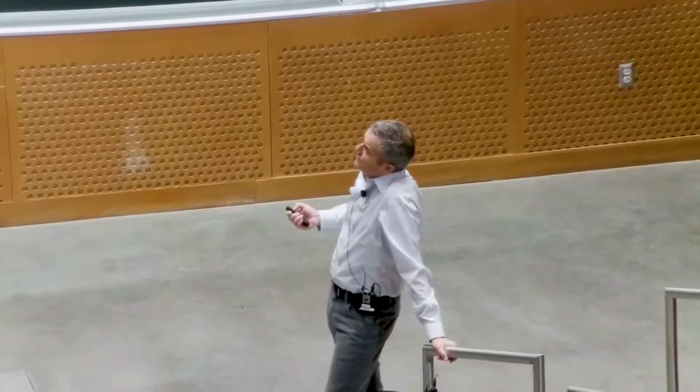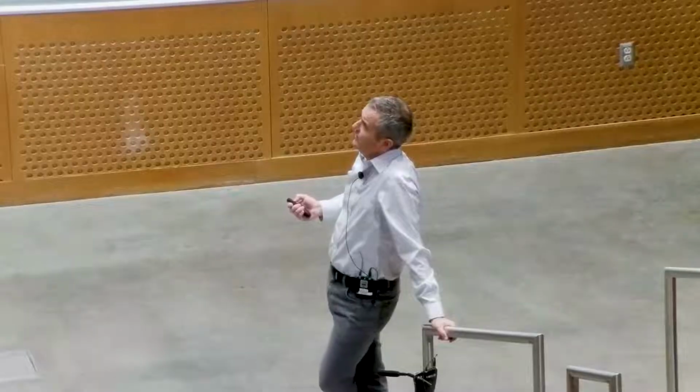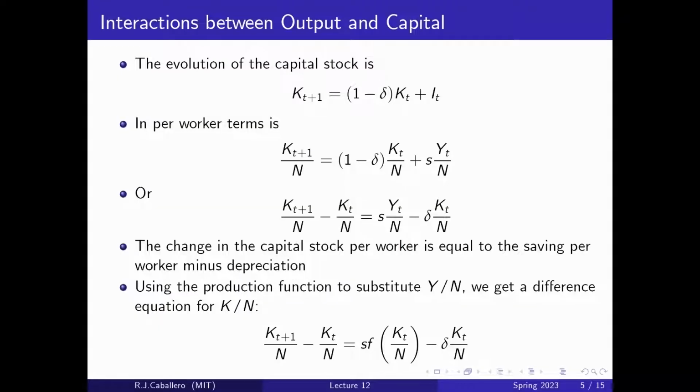I can rewrite this, just subtract kt over n on both sides, and then you get that the change in capital per person is an increasing function of savings and decreasing of depreciation. Okay. So the last step that is important in this model is, here I have essentially a difference equation for capital, but we have output per capita on the right-hand side.